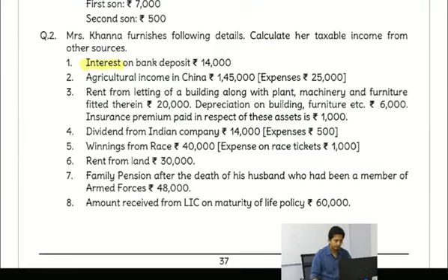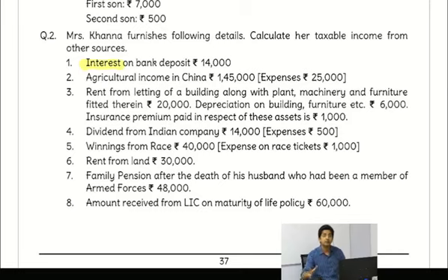Next point, rent from letting out. Letting out means giving on rent. Letting of a building along with plant and machinery, furniture: whenever it is building plus other assets, it is called composite rent. Composite means combined. If the building was not there, and it was only rent of plant and machinery, furniture, air conditioner, computer, etc., then these are other assets.